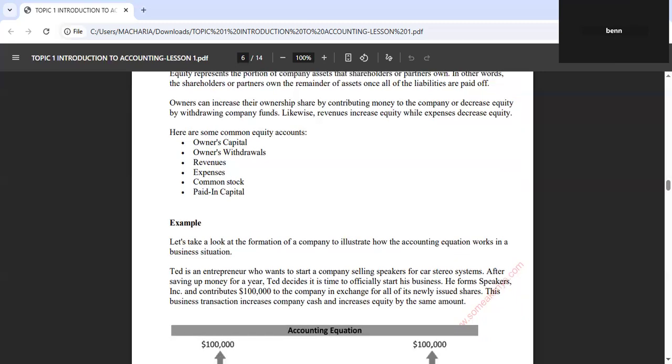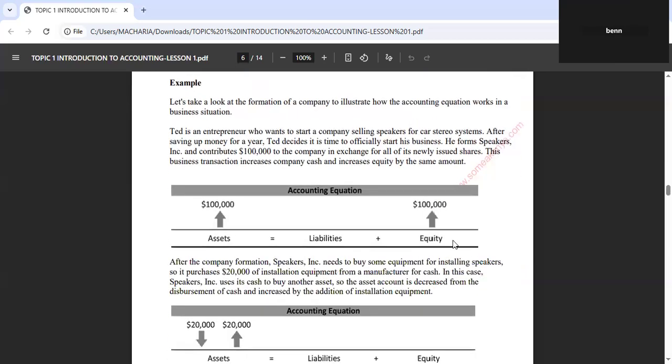So you'll find that in the accounting equation here, assets is equal to liabilities, which here will be zero. They are not liabilities. You have only issued shares, you have received equity, and this money has gone in the form of cash or bank. So at this point, you already know total assets is equal to total equity.